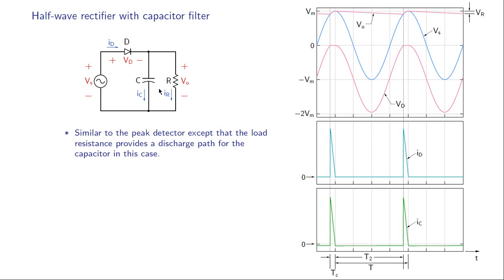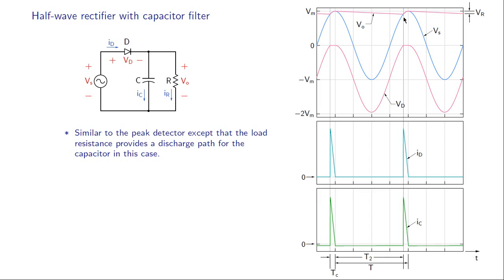Because the resistance seen by the capacitor is very small, the time constant for the charging process is very small, and as a result the output voltage follows the input voltage instantaneously, and that is what we see over here.